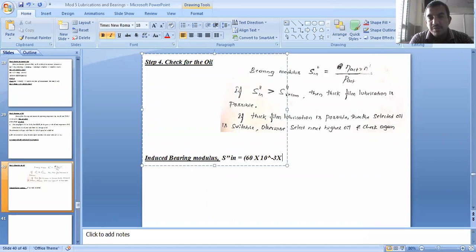N prime is how much? 3.333 revolution per second, divided by P actual, which is 2 into 10 to the power of 6. Calculate, what is the value you got? 9.999 into 10 to the power of minus 8.